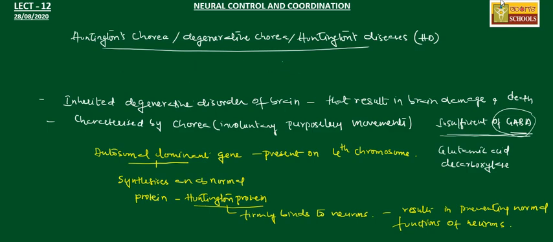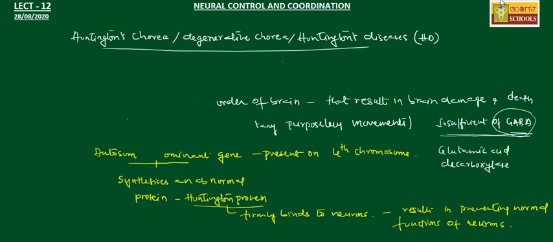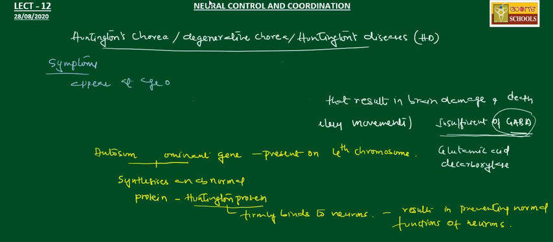Now coming to the symptoms. The symptoms of this disorder usually appear at the age of 30 to 40 years, and it progresses to death at age 55.